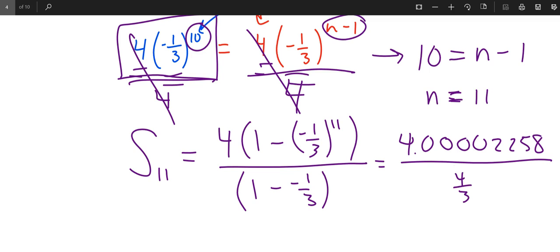That's kind of ugly. So I end up with a sum of 3.000. In essence, it's just a little over 3. I mean, for all intents and purposes, 3 will be fine.